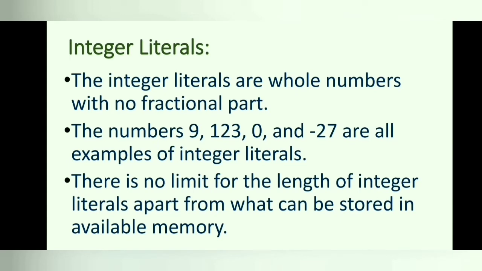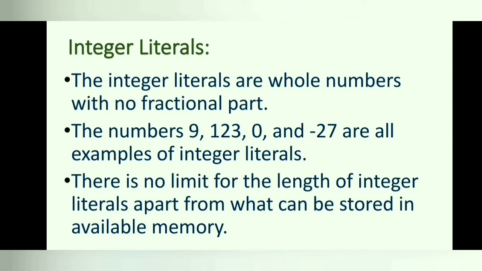Integer literals. The integer literals are whole numbers with no fractional part, that is, numbers without a decimal point. The numbers 9, 123, 0 and -27 are all examples of integer literals.